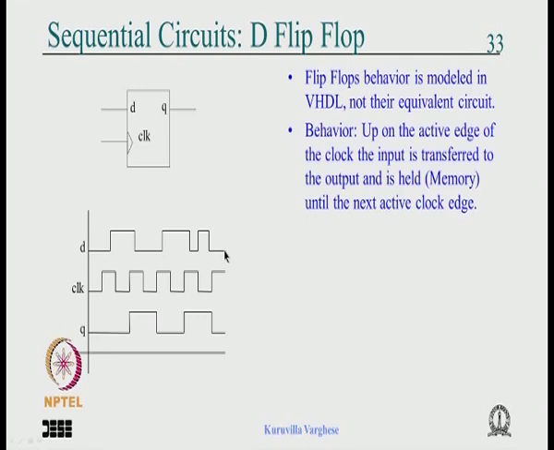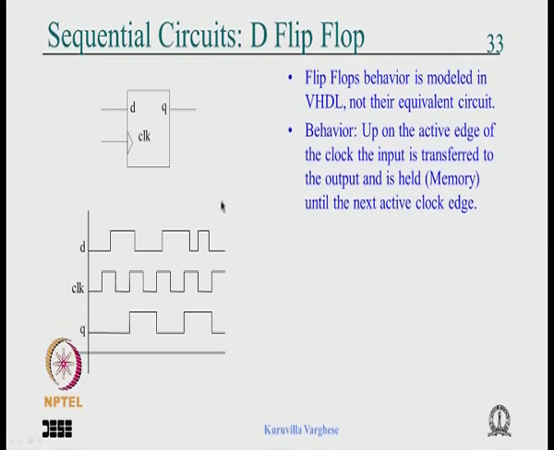Now the next question is, fine, if you write the clock in the sensitivity list, if there is an event on the clock that gets computed, but then an event on the clock can be the positive edge or the negative edge. So how do we specify the positive clock edge? Okay. So there is a trick.